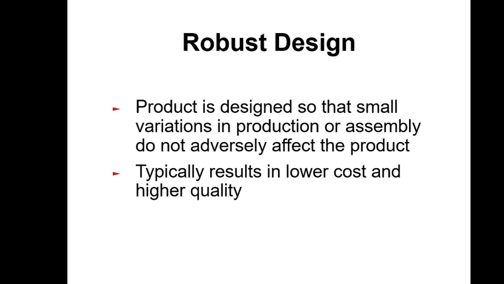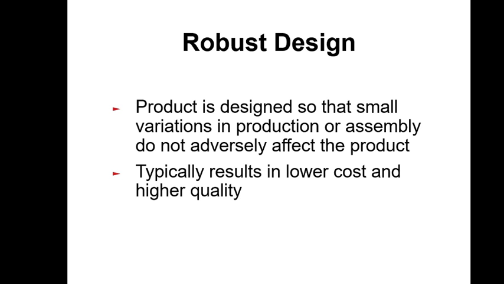If you are designing and producing a certain part for the engine of the car, and it has a length, if this length is less or more by very small variations, it should not affect the whole product itself. There should be an allowance, in other words. This is the way that we say it's a robust design.